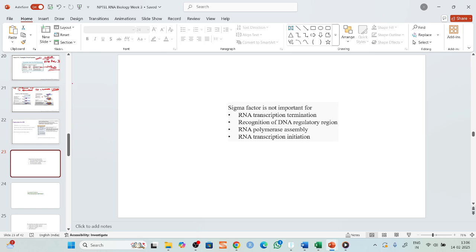So it is required for RNA transcription initiation. Why? Because sigma factor will go and bind to the promoter region and recognize the promoter, and then only transcription can be initiated.